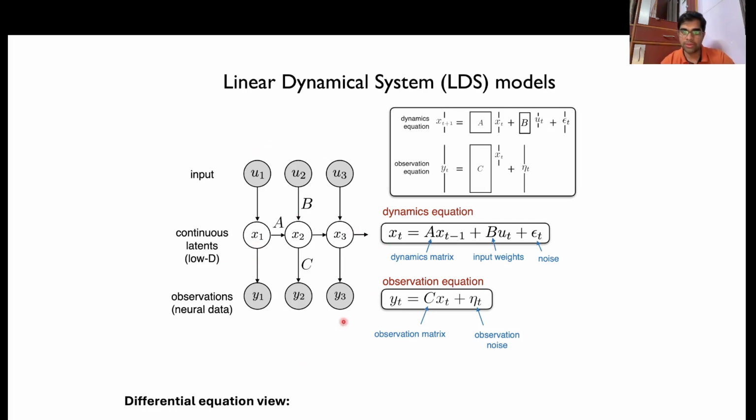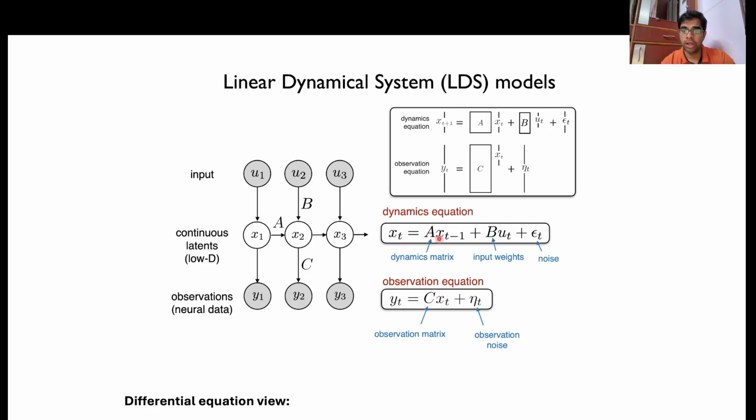So how to represent this whole system is, you can represent it in a linear dynamical systems equation. There are two equations for this. Let's first take the observation equation. Some transformation of latents plus some noise results in the measurements that you're seeing here, y_t, the neural spikings or EEG data, etc. And inherently the latent variables x have their own dynamics.